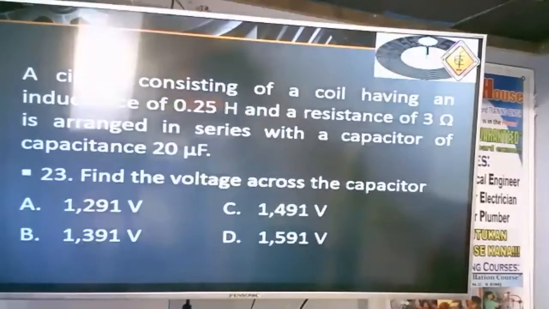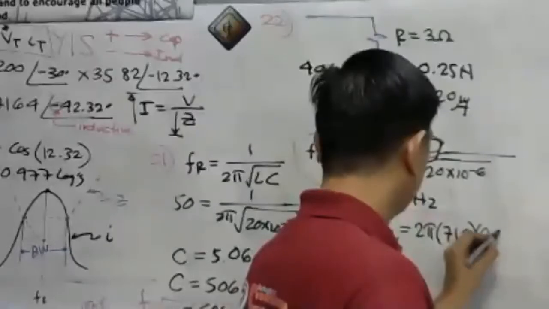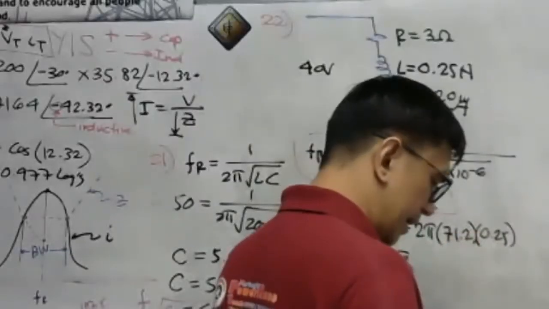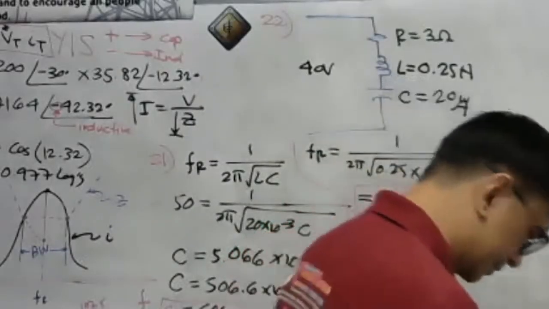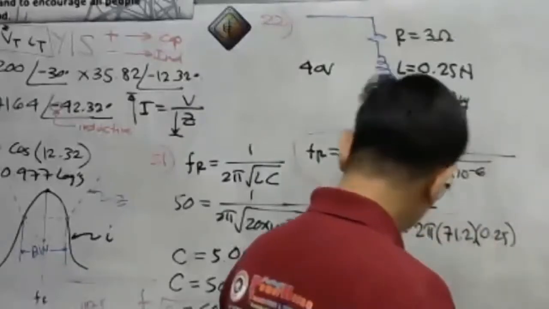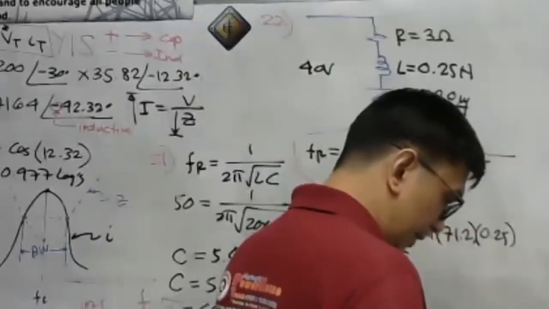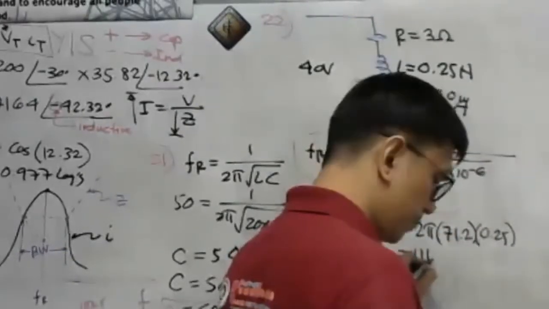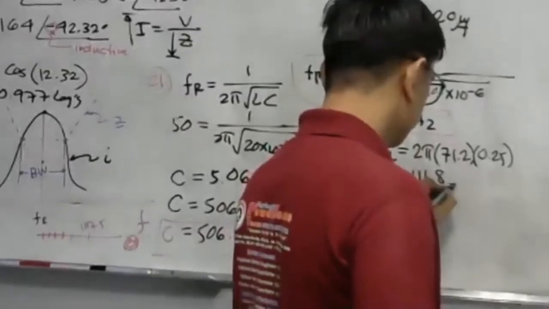Just want to show you this one. So that is 2 pi times the resonant frequency, 71.2, times the inductance, 0.25. So our X sub L is how much? I'll give you the value. X sub L is 111.8 ohms.